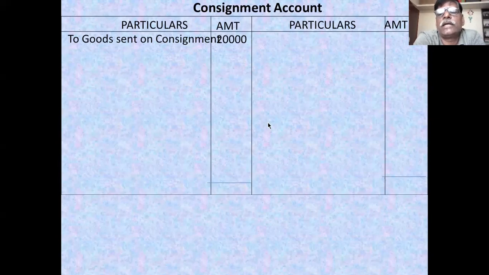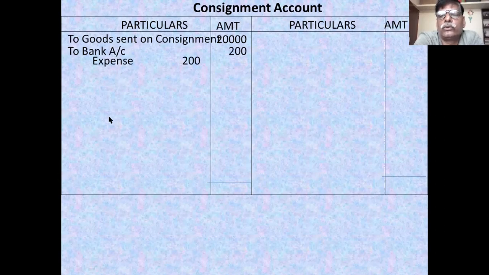Second item is expenses paid by consignor. You write to bank. Under this, to bank, you write all the expenses paid by consignor, but only one expense is there. 200 rupees. So 200 rupees goes to the outer column.